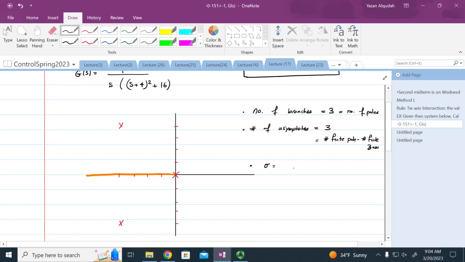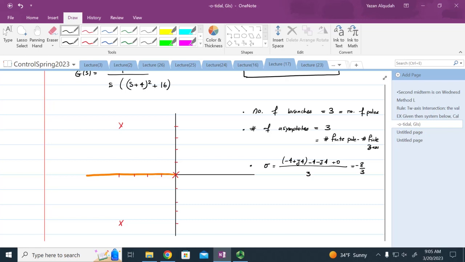Sigma is going to equal -4 plus J4, minus 4 minus J4, plus 0, divided by 3, which is going to equal -8 over 3. Add the poles minus the zeros divided by the number of finite poles minus the number of finite zeros.